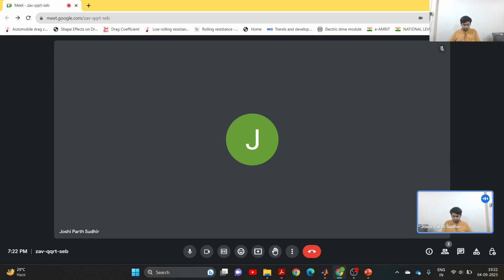There is some issue with my screen sharing in my tablet, so that's why I'm not able to screen share my screen properly.